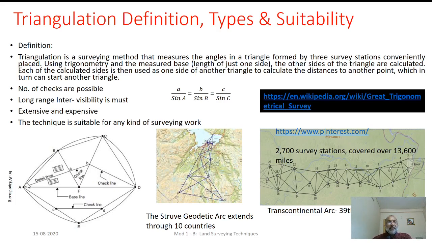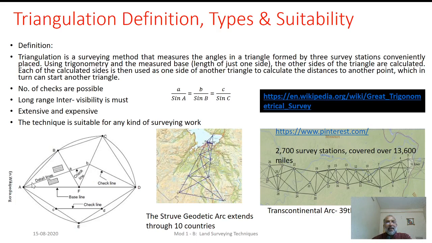So let's consider this triangle ABF. Here, as we have length AF measured as the base length, and as we measure included angle A, included angle B, included angle F, we can make use of the sine rule.